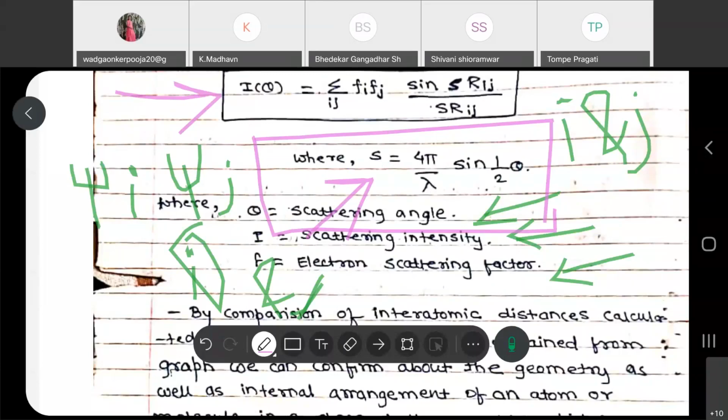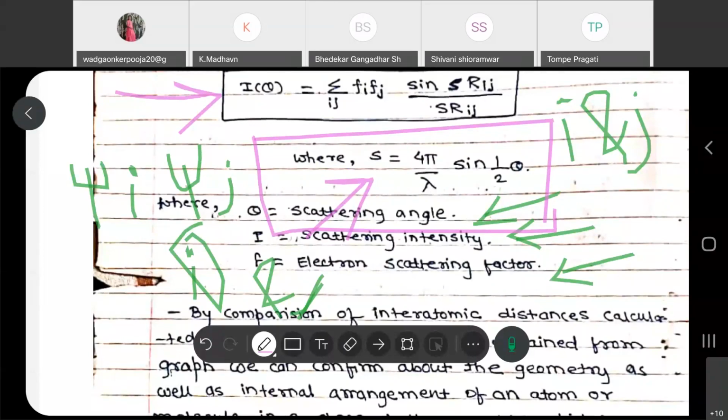Very easily you can explain it by using the cis and trans structures. As I told you again, that is with the help of electron diffraction.